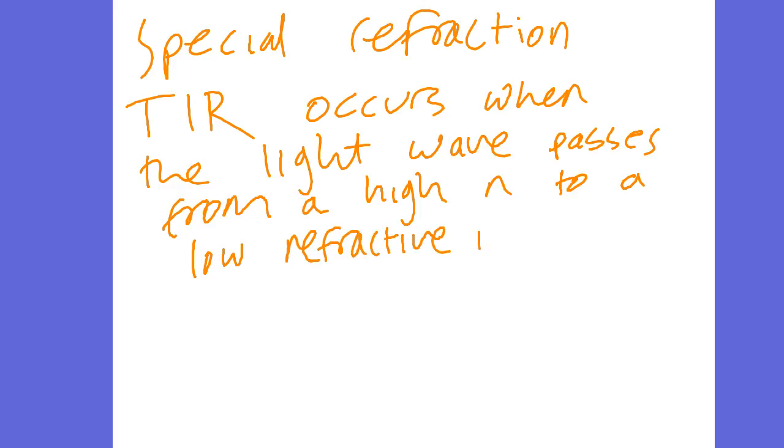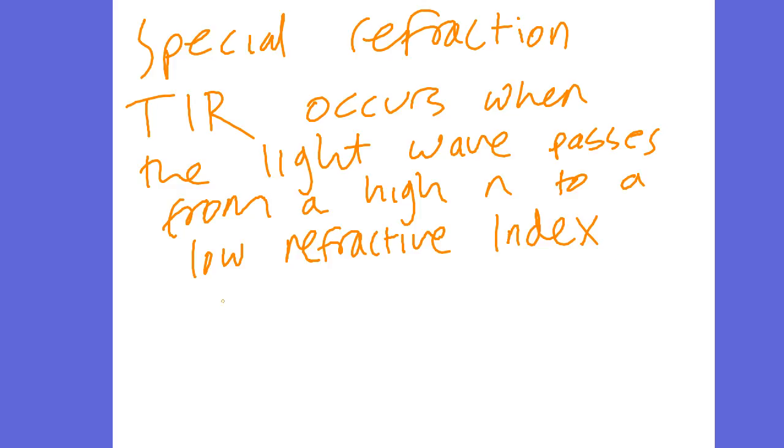Apologies, a bit rusty. So TIR occurs when the light wave passes from a high n to a low n of refractive index.